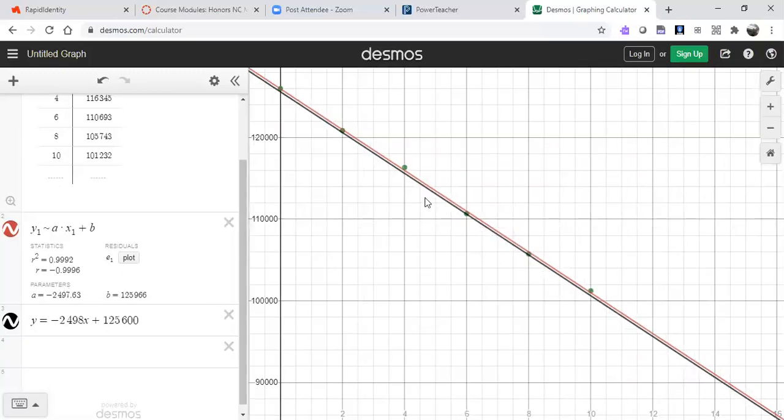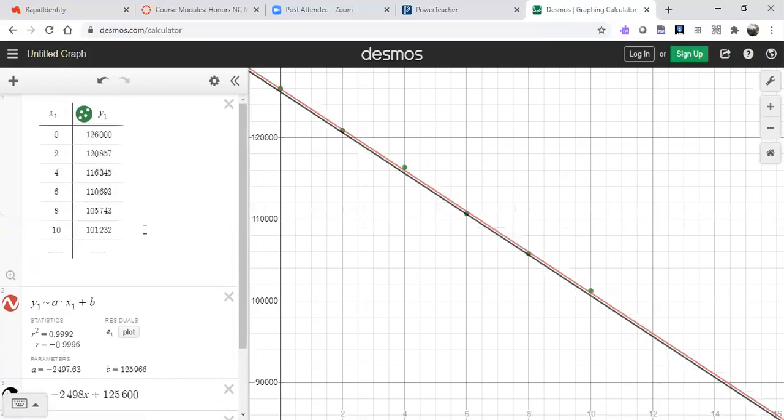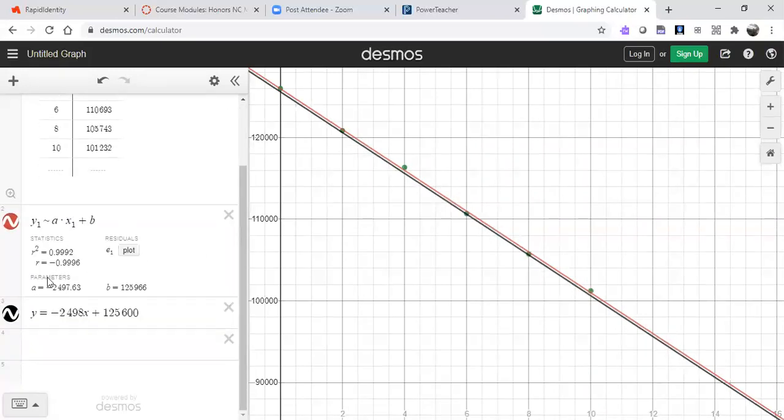Okay, and the R value for that one is a negative 9.996. So I'm not going to fill in everything. I'm going to go ahead and stay here and do the next one for you. But you could fill in, right? You could plug into that. You have a negative, so this has a strong negative correlation.